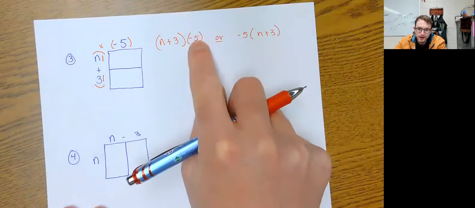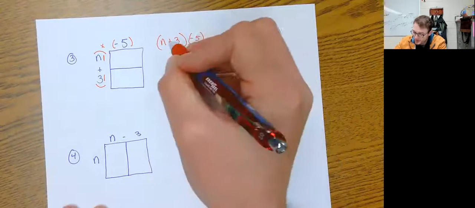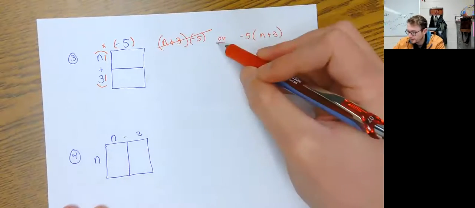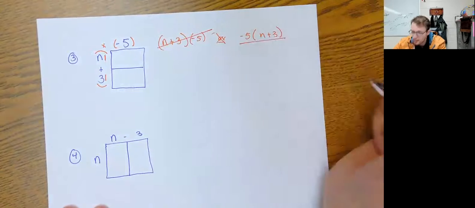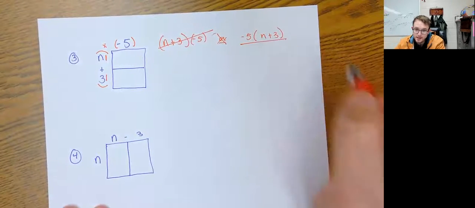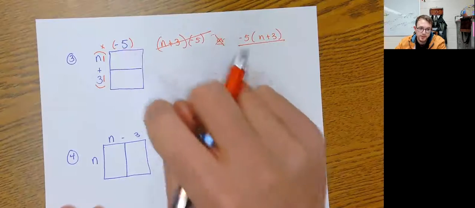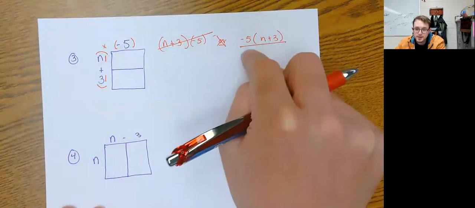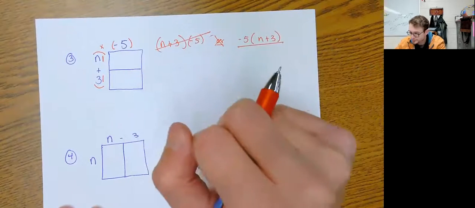But I really don't like that. That's not as simplified or pretty to look at. So let's not do that. This is what we want. Even though this comes first, we're going to flip it around so that it's nice and neat, and that is the expression represented by this.